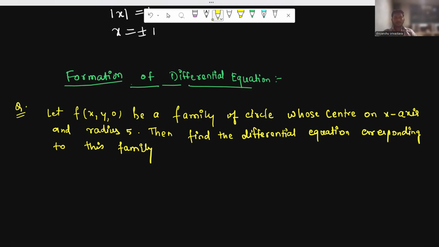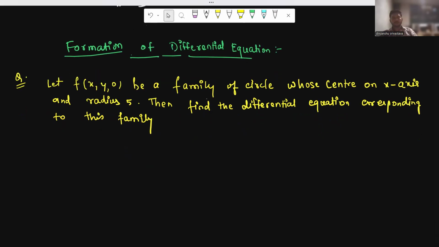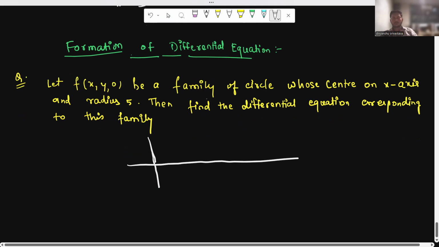Okay. So you know very well what the family of circles is and their center when it is on the x-axis. So maybe it looks like this. My figure is not good, but try to understand.